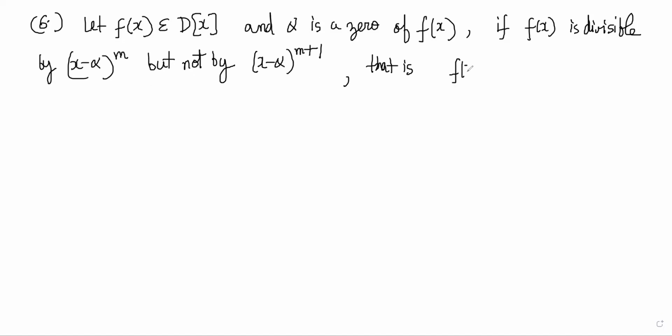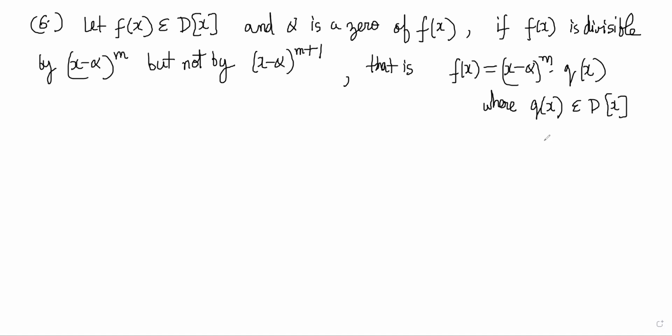So f(x) can be written in this case as (x minus alpha)^m times g(x), or we can write that as q(x), thinking of it as a division, where q(x) also belongs to D[x], and q(x) is not equal to 0.